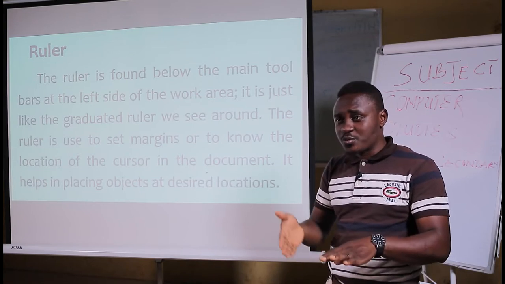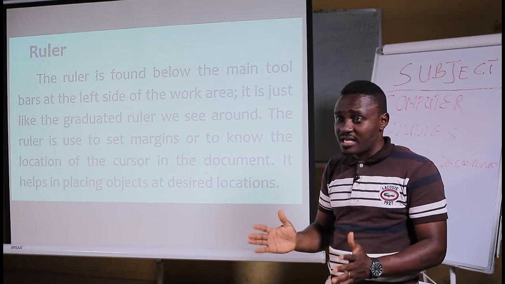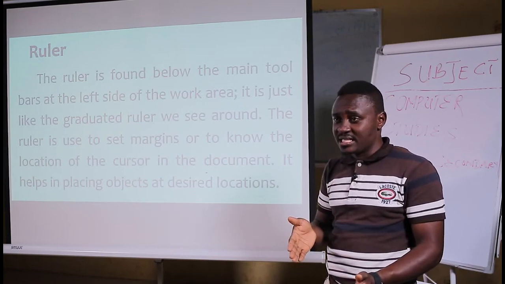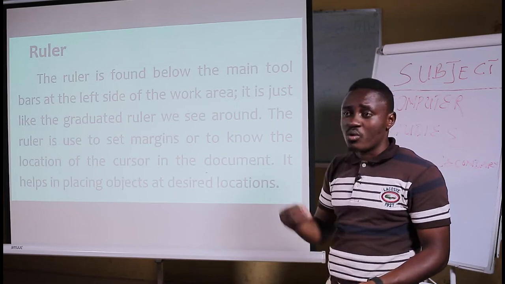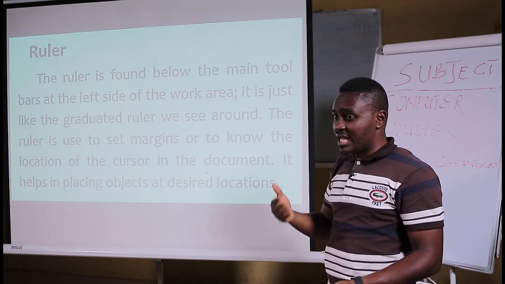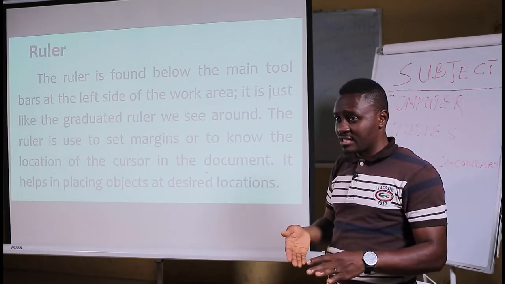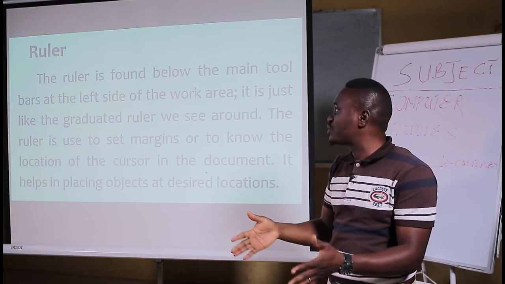The margin arranges your work, it makes your work very nice, more coordinated than when you don't have a margin. So the Word document also has what we call a ruler that enables us to rule lines, to adjust, to align our work together.